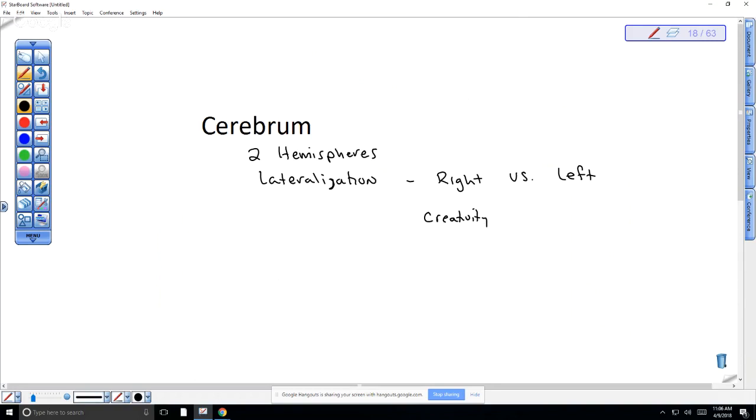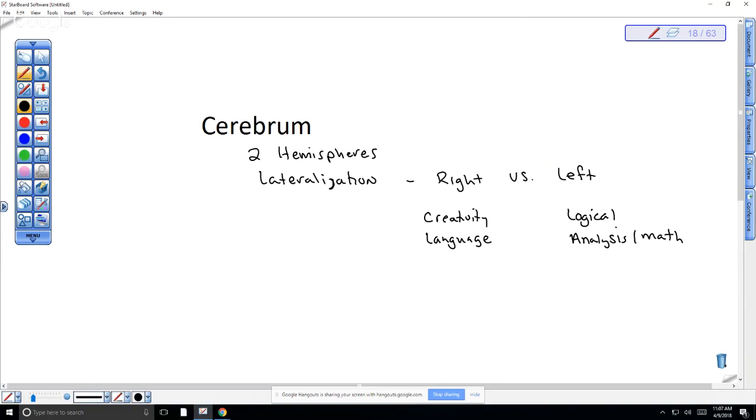Also, language. So when you're writing something, maybe an essay or a poem, it's the right side of the hemisphere that tends to light up biggest in electrical activity. And then the left side tends to be more logic, analysis, and math, I would say.